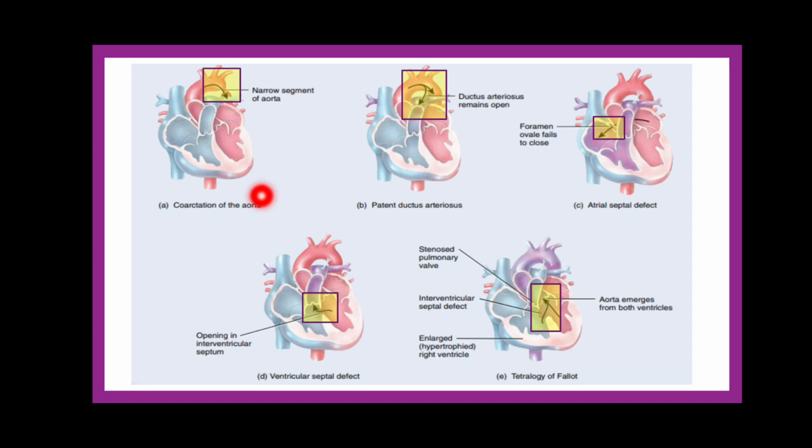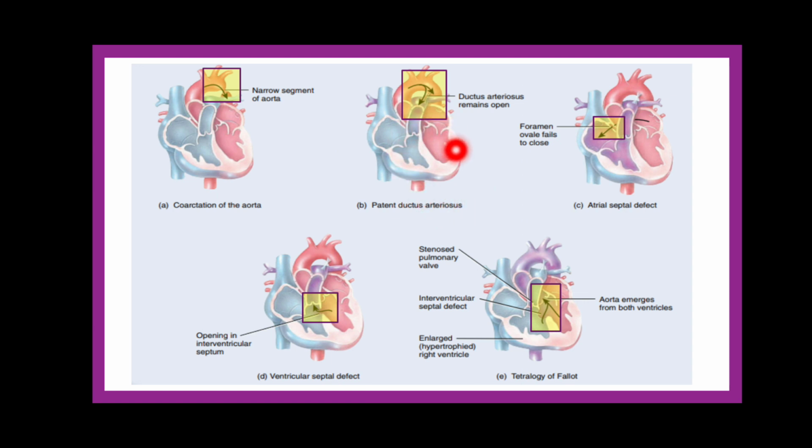Then second acyanotic defect you have is PDA, that is patent ductus arteriosus. So what is patent ductus arteriosus? The ductus arteriosus is a blood vessel which closes soon after birth, and this allows normal functioning of the heart.